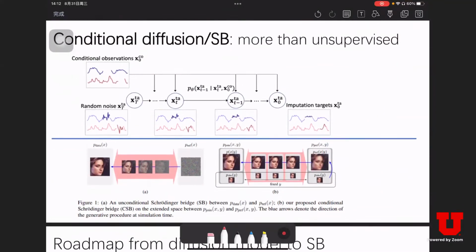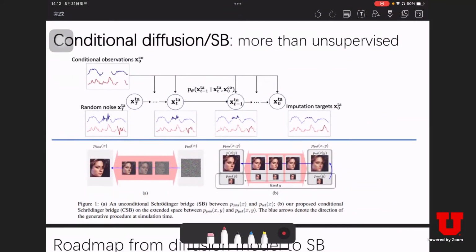The last thing I want to introduce about diffusion and the Schrödinger bridge is the conditional case. Because all the previous introduction was designed for generative models, I mean, it's an unsupervised model. What we want to do is, given a training data set, draw samples or model the distribution of our data.